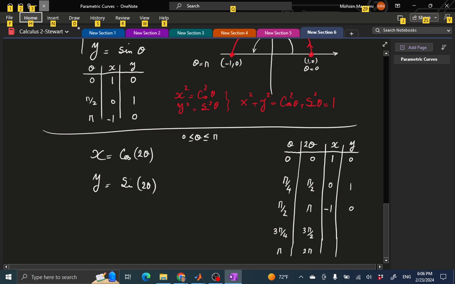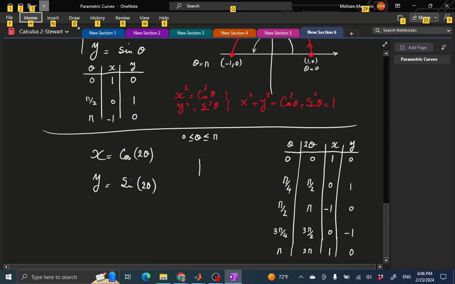Half of that is pi. Cosine of 3 pi over 2 is of course 0. Sine of that is minus 1. Cosine of 2 pi is 1, and the sine of that is 0. So we let theta run from 0 to pi, and these are x and y values.